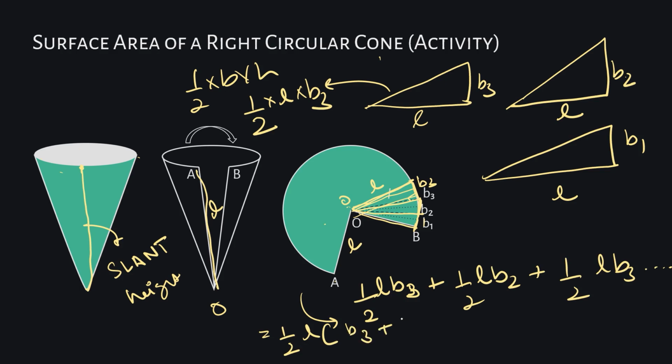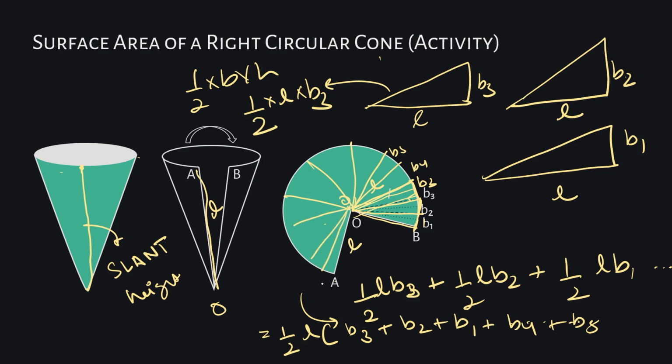So we have B3 plus B2 plus B1, and it will go on increasing: B4, B5, and similarly we can take it over a lot of numbers. Let us consider that our last number would be Bn, where n is any number, can be 100, can be 1000.